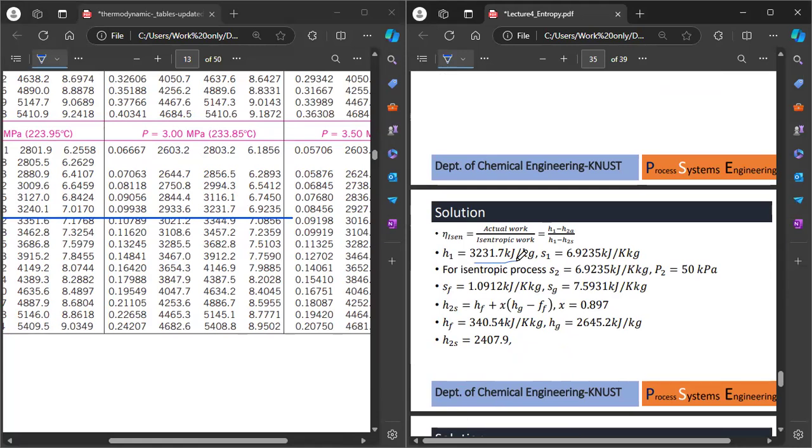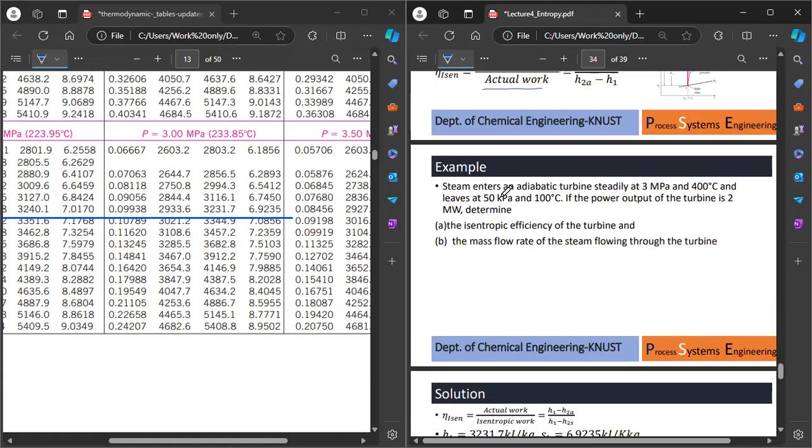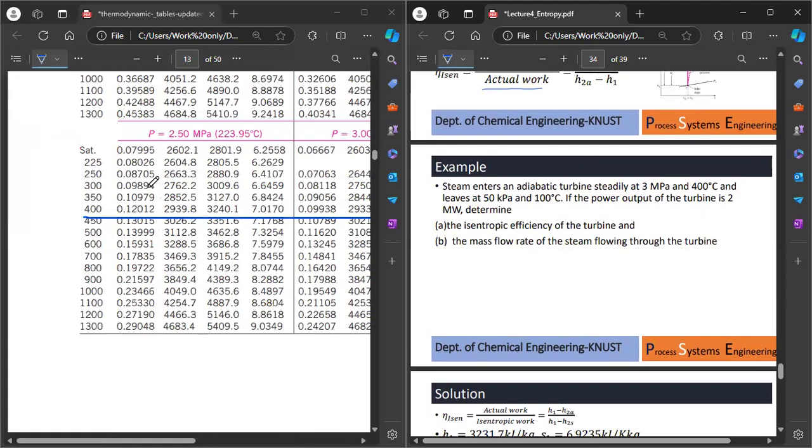Now, we can also find the H2 actual, so the exit enthalpy, right? For that one, the question told us that we are coming out at 50 kilopascal and 100 degrees Celsius.